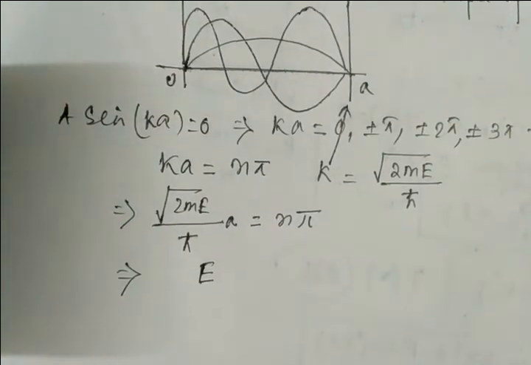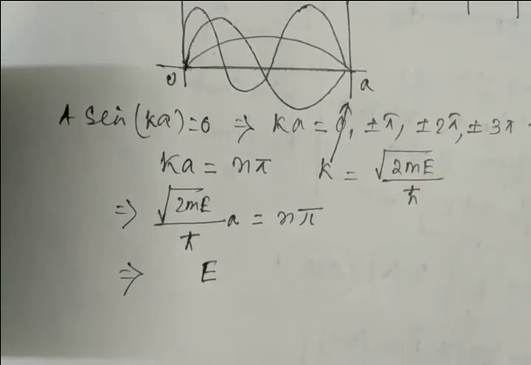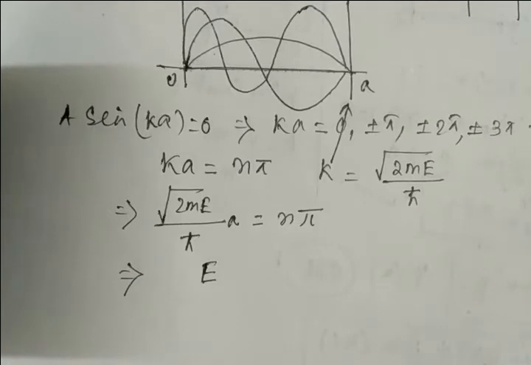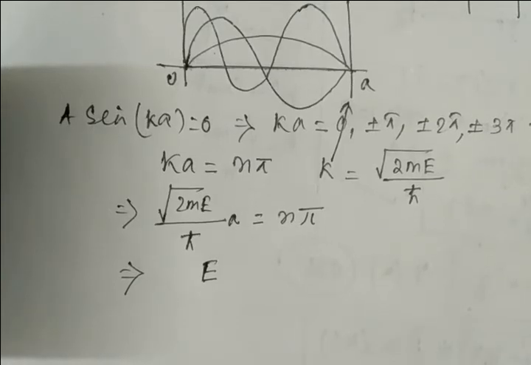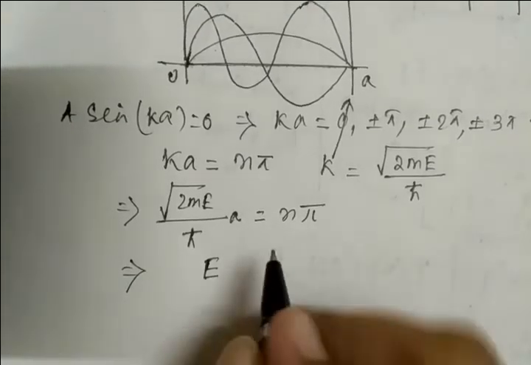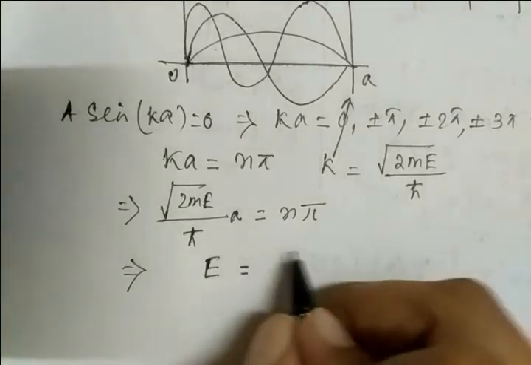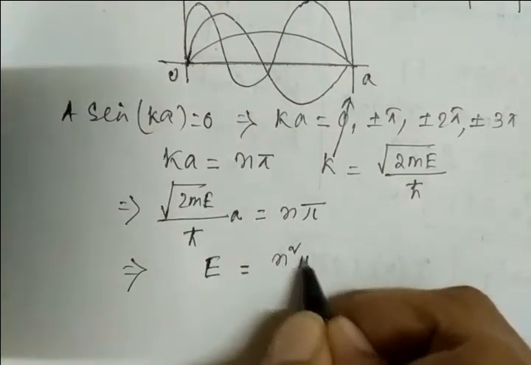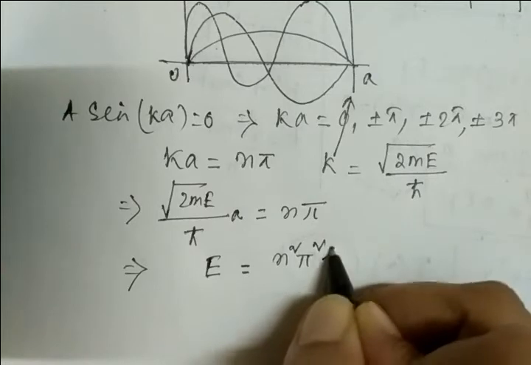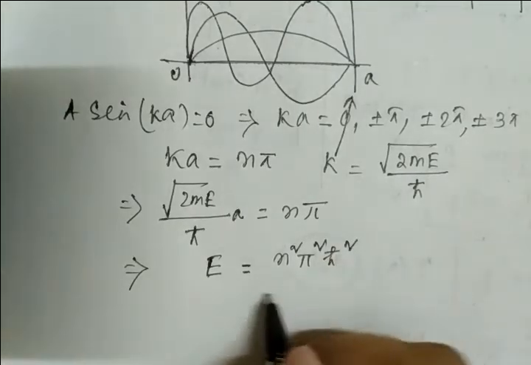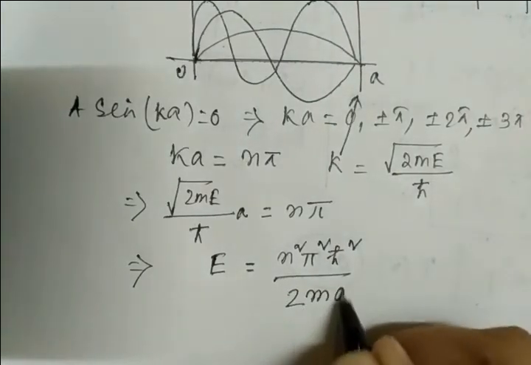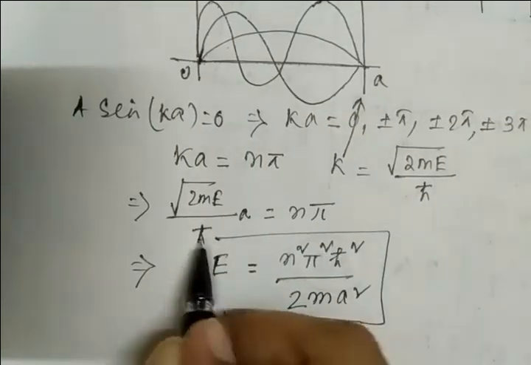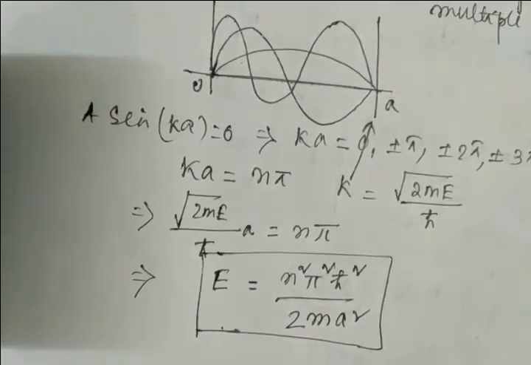Pi constant, h cut constant, n constant, a constant, every term is constant. So what is our measurable parameter? That is E, energy. So how can we calculate? It's nothing but n square pi square h cut square divided by 2m into a square. If we solve this, we will get this expression.